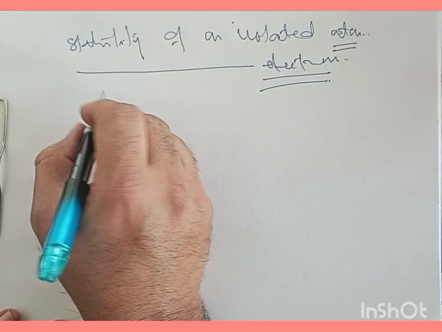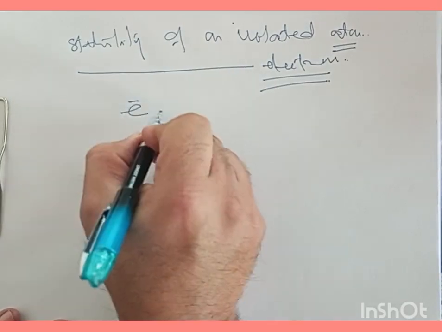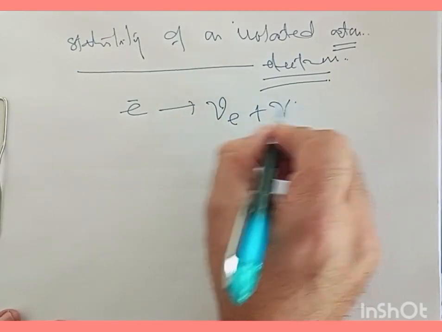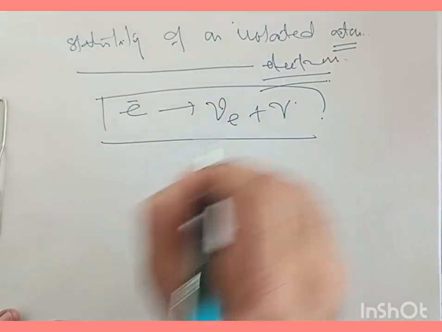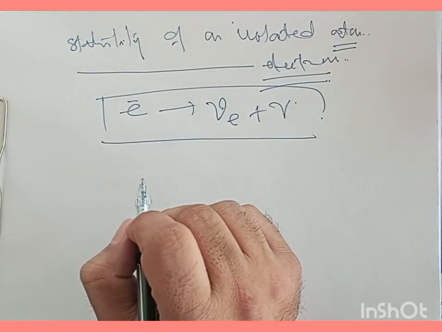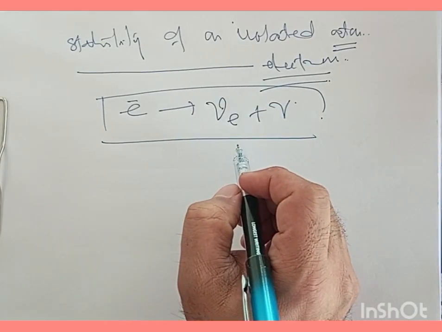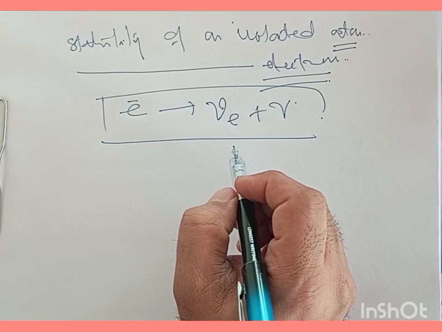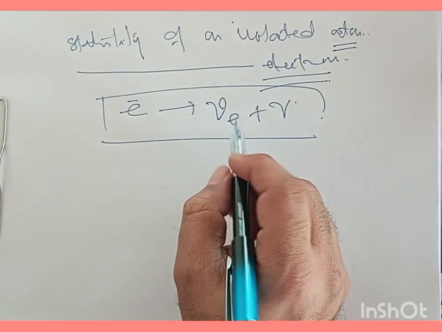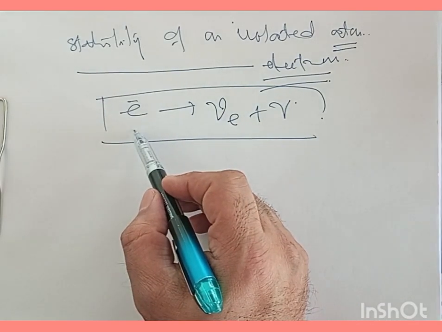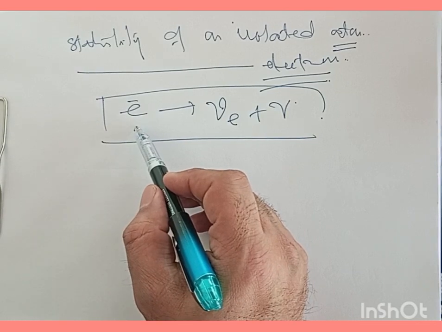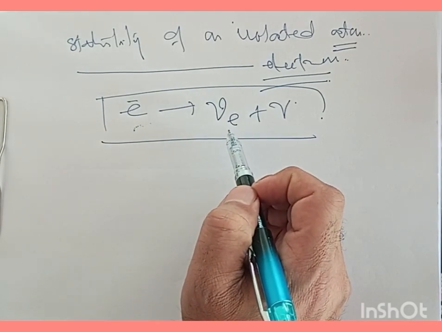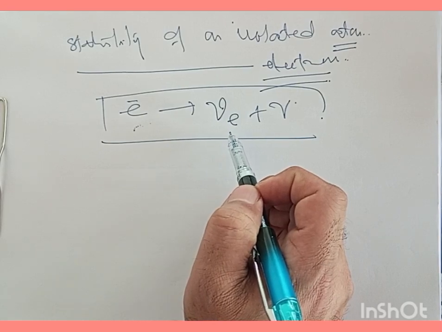Now, if I take an example, suppose I have an electron and it decays into a neutrino and a gamma ray photon. Let us assume that we have something like this. This kind of decay is forbidden. This kind of decay will not take place. Why will it not take place? We can see that the electron is the lightest particle, and it can decay only into particles which are lighter than the electron.